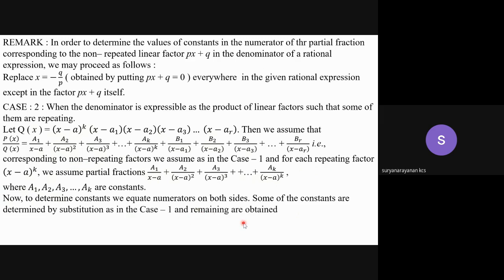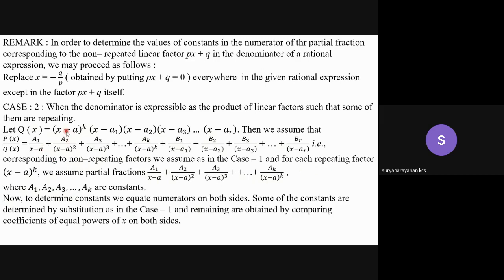The remaining constants are obtained by comparing coefficients of equal powers of x. When we are discussing the sums, you can understand how to find the values of a1, a2, a3, a4 and so on, ak and b1, b2, b3 and so on, br. So this is the second step.